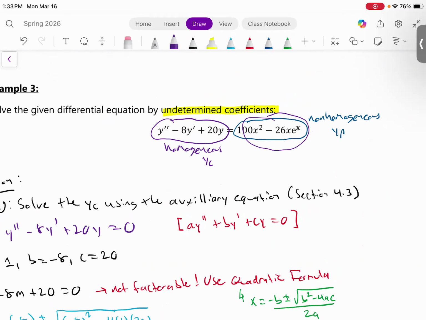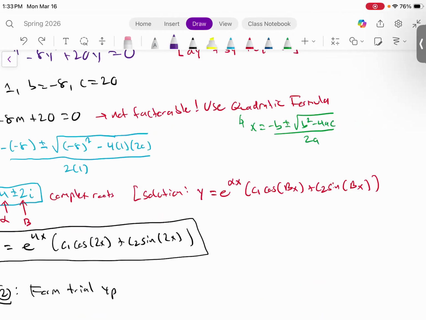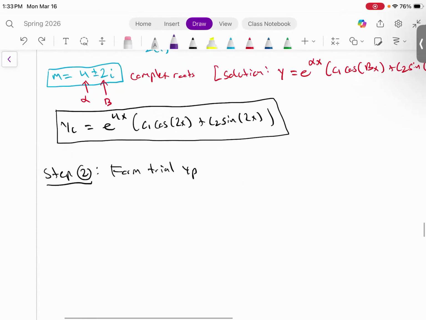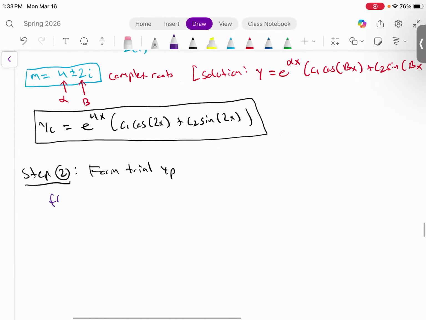That's going to give us our particular solution trial setup. So let's rewrite that down here: f of x equals 100x squared minus 26x e to the x.